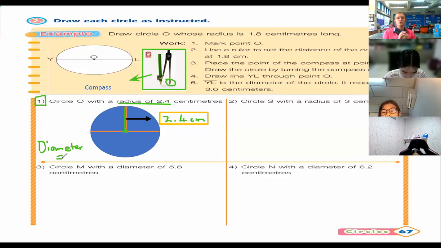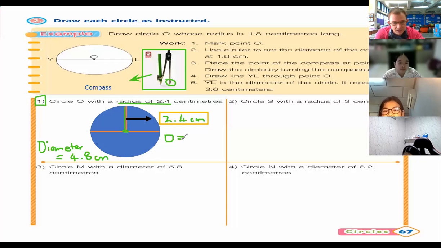How did you get to 4.8? 2.4 times 2. Excellent. So we know that the diameter can be calculated by the radius times 2. It's very important to remember.